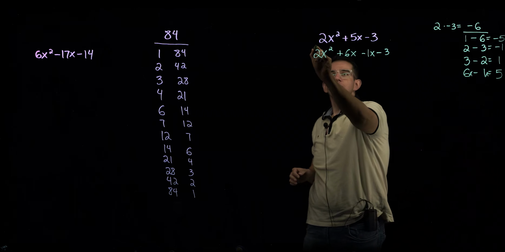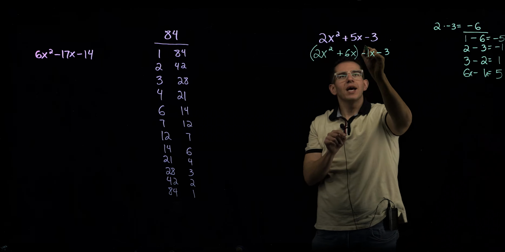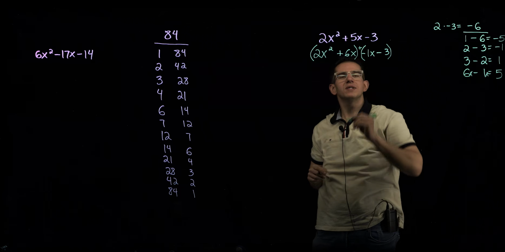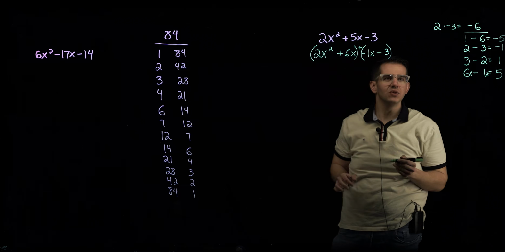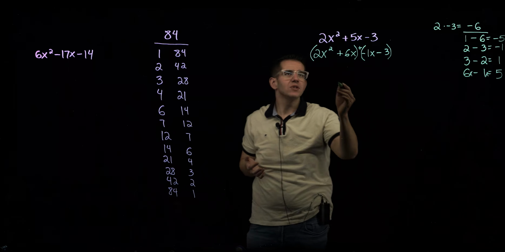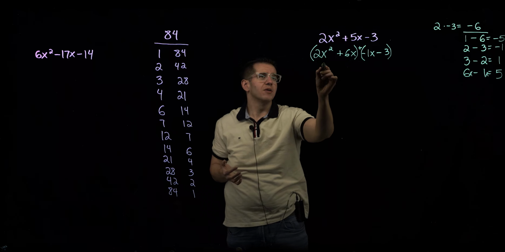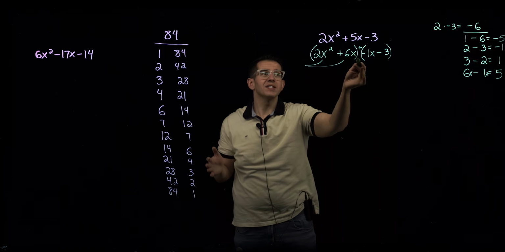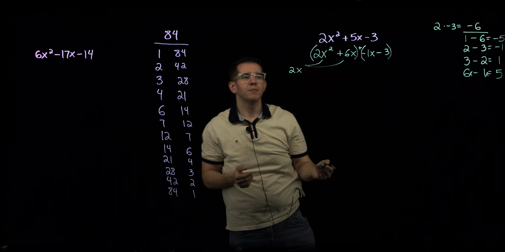If we group these into pairs, to group the last pair together, we'll put parentheses around them and put a plus in the middle, because whenever you do factor by grouping, you always want to be adding the two terms. And now with factor by grouping, all we have to do is find the common factor of each pair. 2x squared and 6x each have a common factor of 2x.